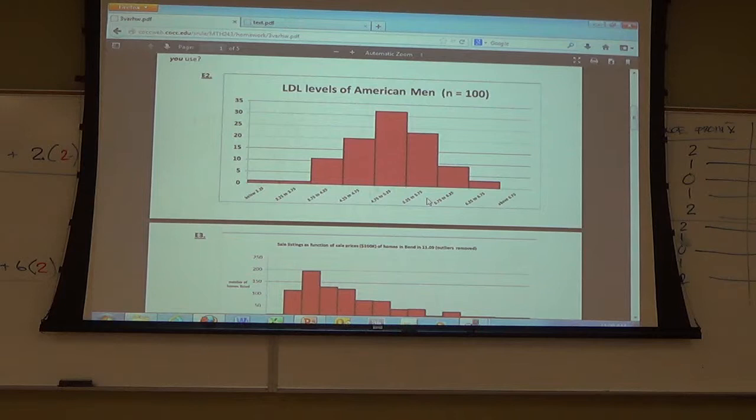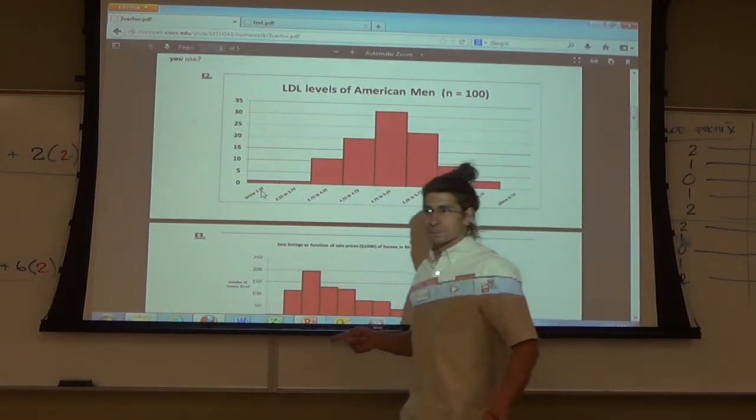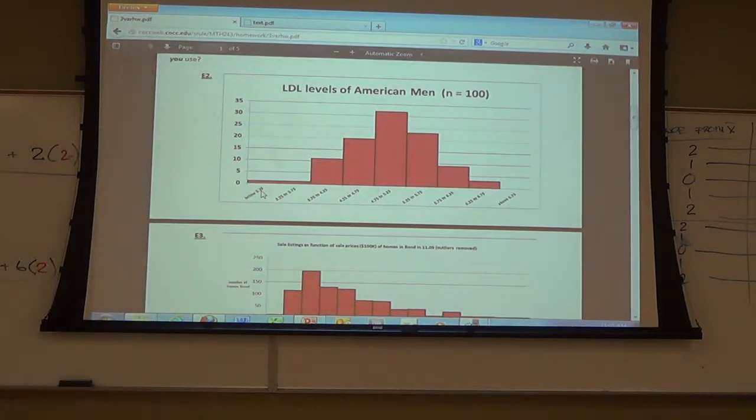Some of them are easy. For 3.25 to 3.75, you're going to put 3.5. For 3.75 to 4.25, you're going to put 4. Pretty straightforward. How about below 3.25? What are you going to put there? If you can assume it goes to 0, because it can. That's something you might have had to Google, like LDL levels in adult men.